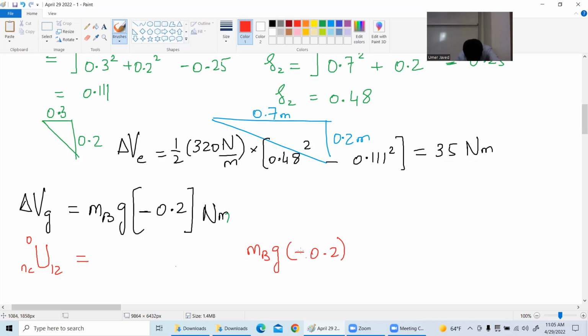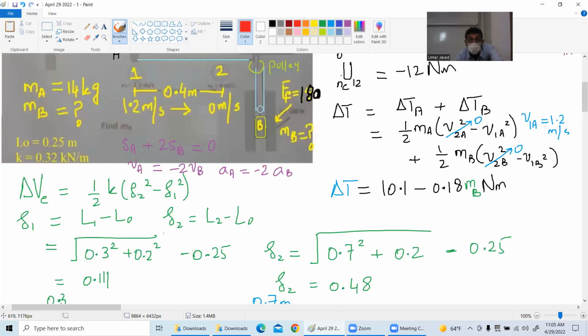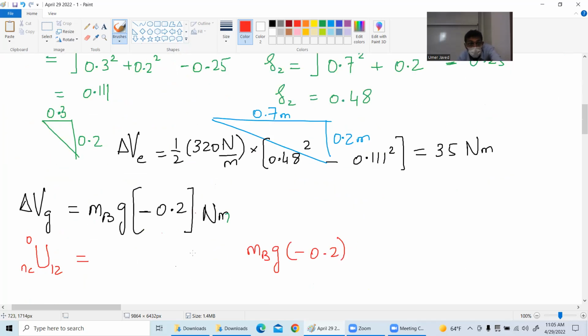I think so. Okay, then I have delta T term, and I will go up. That is 10.1 minus 0.18, 10.1 minus.